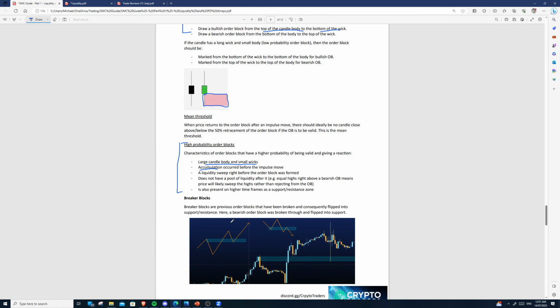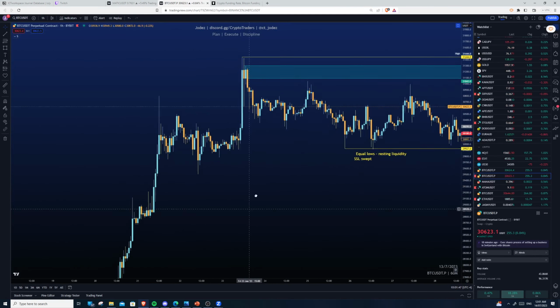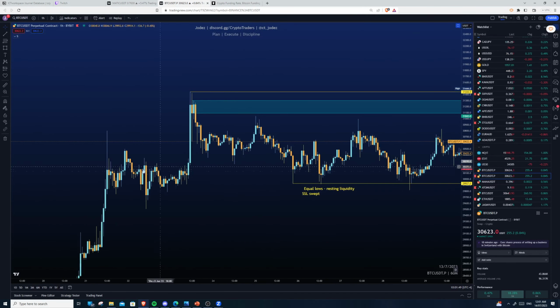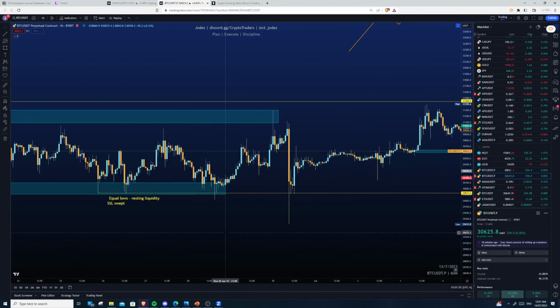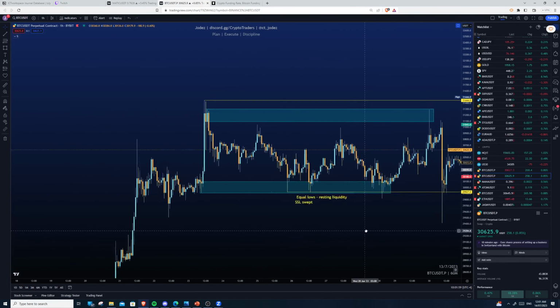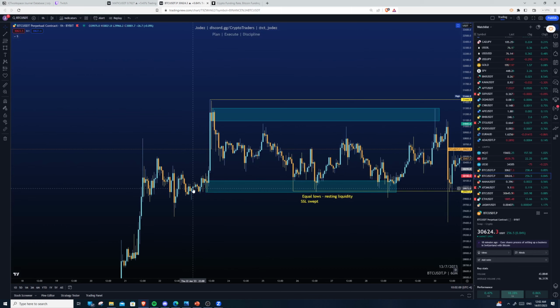If there's accumulation occurring before the impulse move, that makes it a stronger level. For instance, here we have accumulation with a bullish order block, and you can see this level has held up strongly multiple times. So accumulation means a higher probability order block.